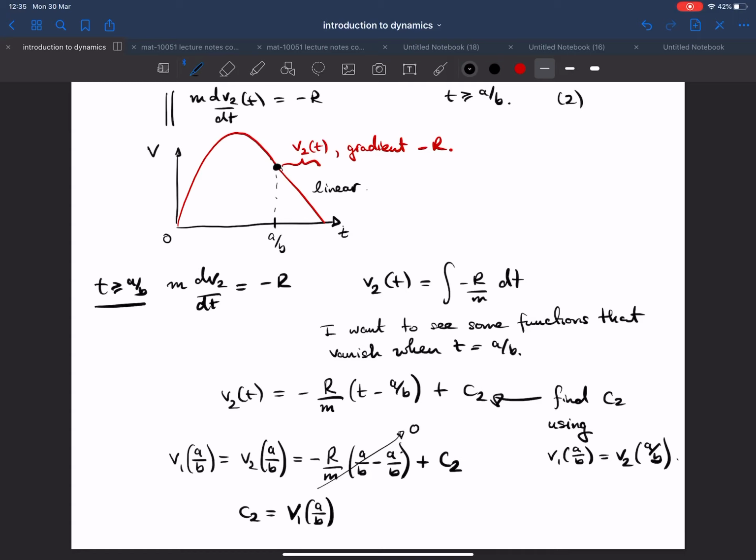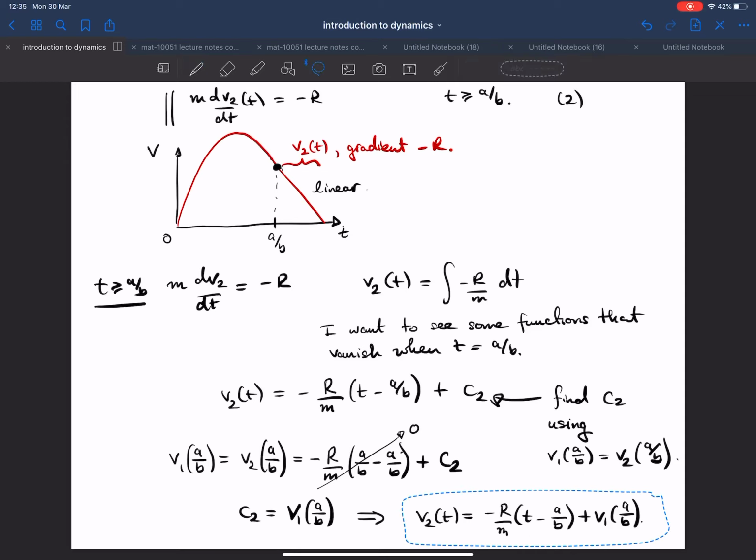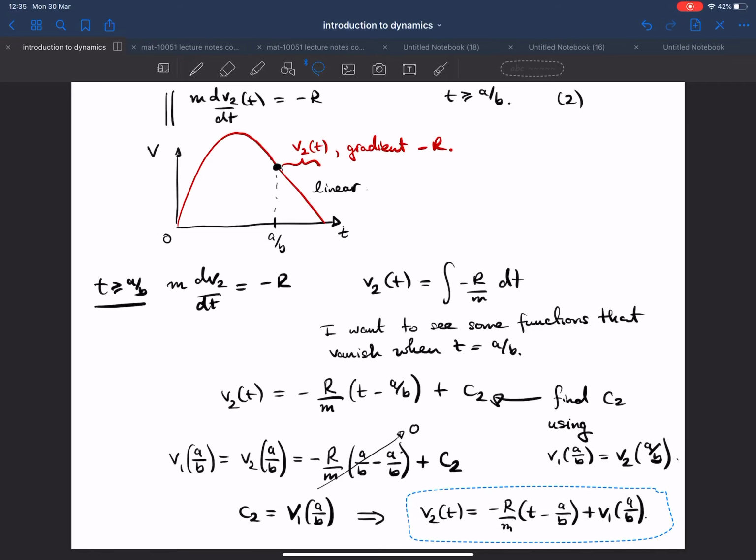So now this implies that V2 of t is minus r over m times t minus a over b plus V1 of a over b. Now I'm going to find out what V1 of a over b is. This is in fact our intercept on our velocity versus time graph.